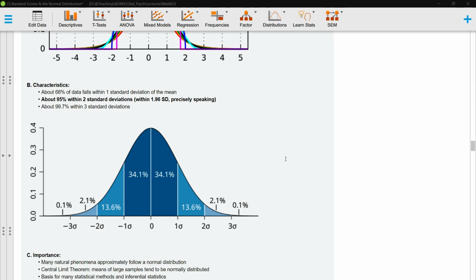Okay, let's talk about the characteristics of the normal distribution in more detail in terms of the proportion of the area. This is the typical type of the normal distribution, and in the x-axis we see the normal distribution with a mean of 0.